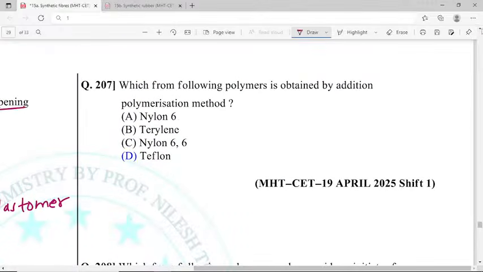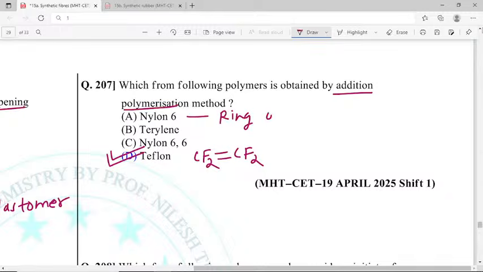Which from the following polymers is obtained by addition polymerization? Teflon is the example of addition polymerization. Teflon, that's CF2=CF2, the monomer. Next, nylon 6 is ring opening. I am talking about ring opening so many times.